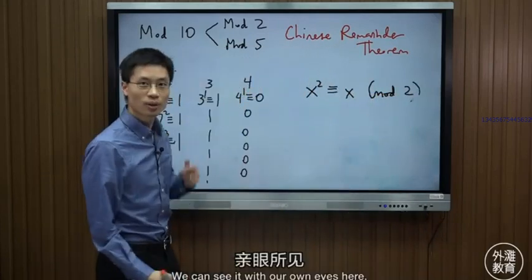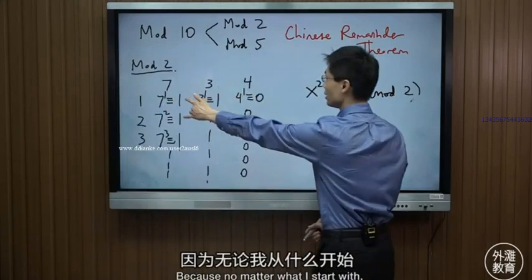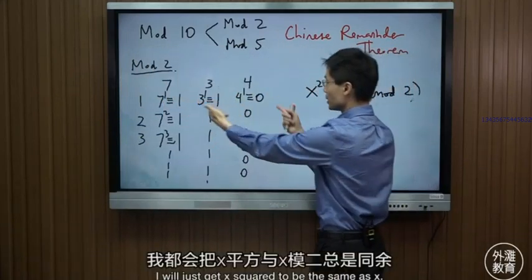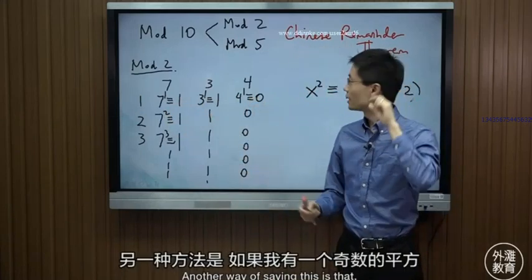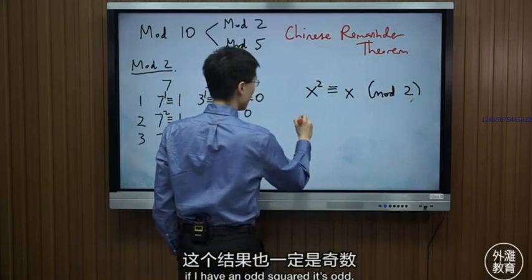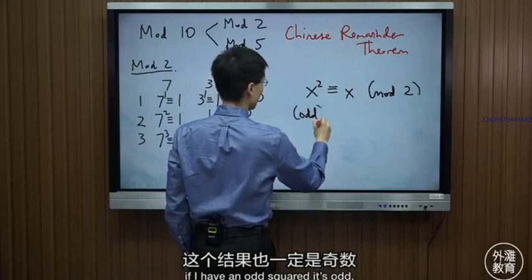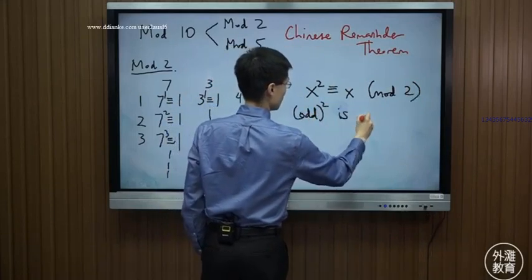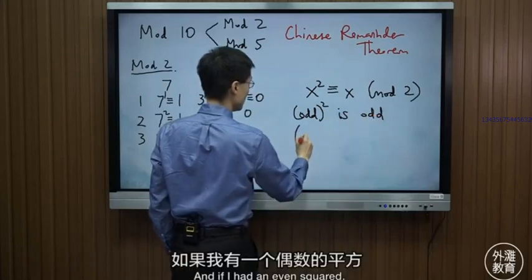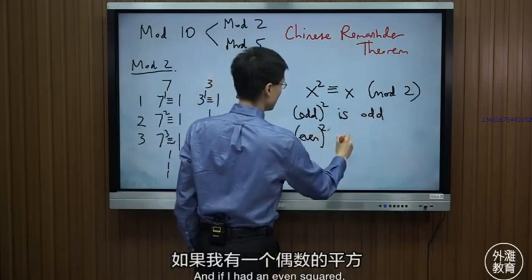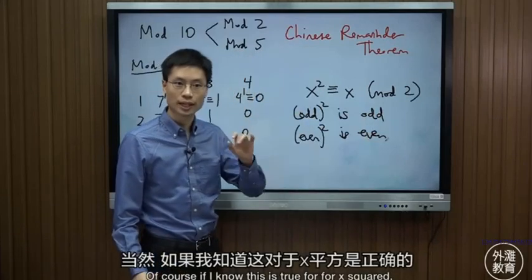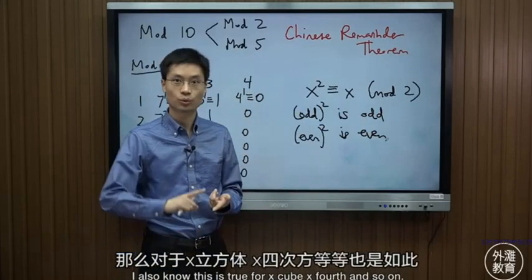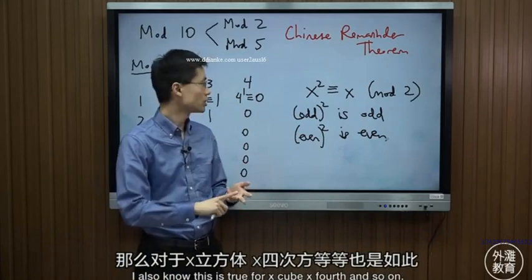We can see it with our own eyes here, because no matter what I start with, I will just get x squared to be the same as x. Another way of saying this is that if I have an odd squared, it's odd. And if I have an even squared, it's even. Of course, if I know this is true for x squared, I also know this is true for x cubed, x fourth, and so on.